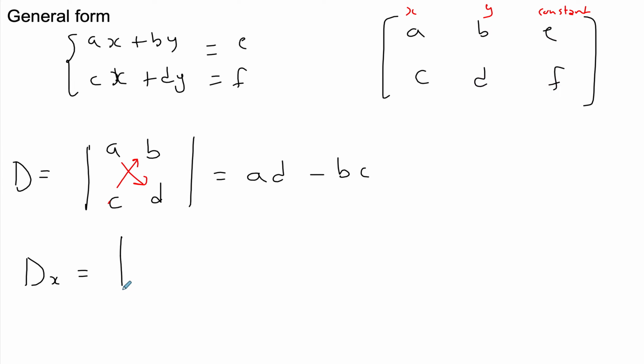So you're going to take E, F, and then B, D. You're switching the columns, which is why it's recommended that you put x first, y, and then constant, so that you always use this method. The determinant of this is going to be ED minus FB.